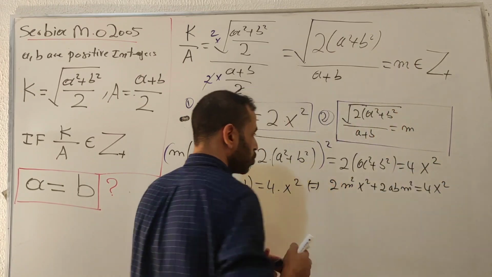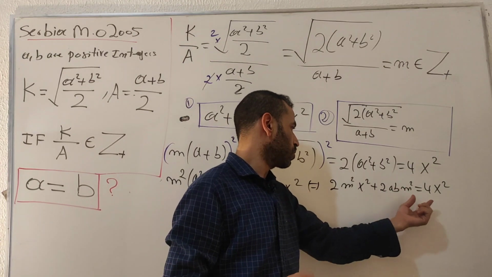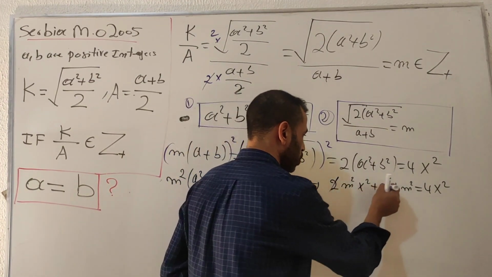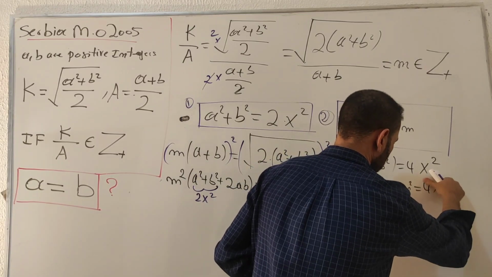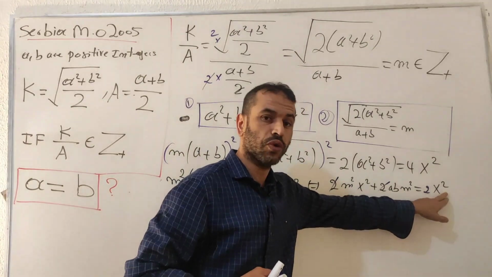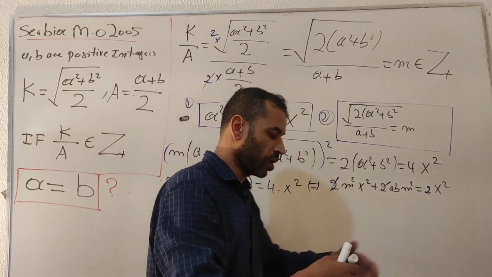So we see number 2 here and number 4 here. So we are going to divide both sides by number 2. If I do that, the 2 cancels out, and this one becomes 2. Since I get x square here, let's bring this term to the right and leave this one at the left side.